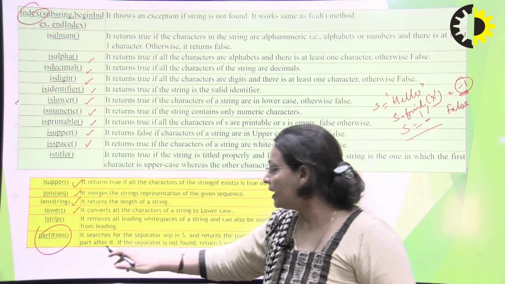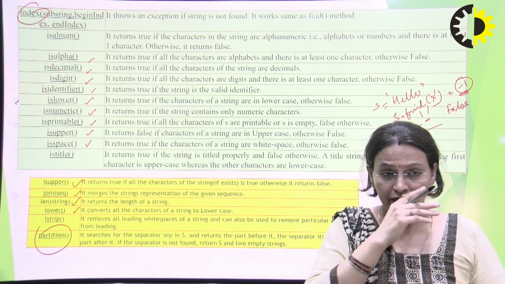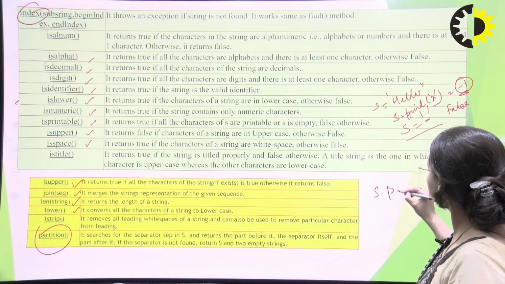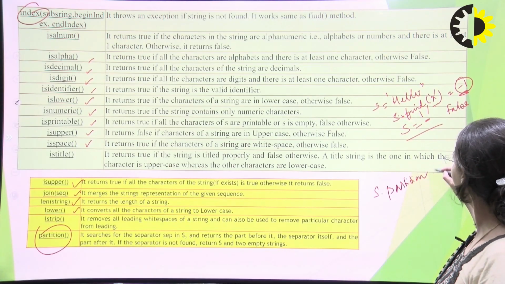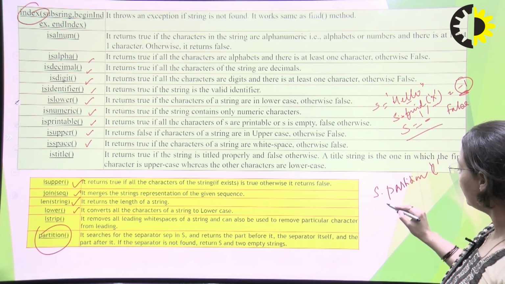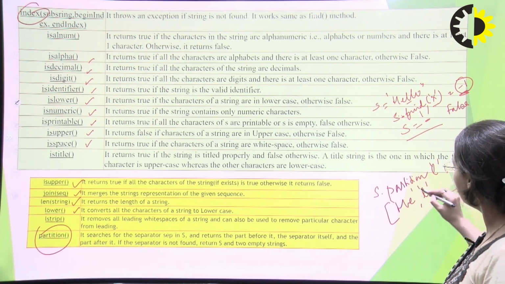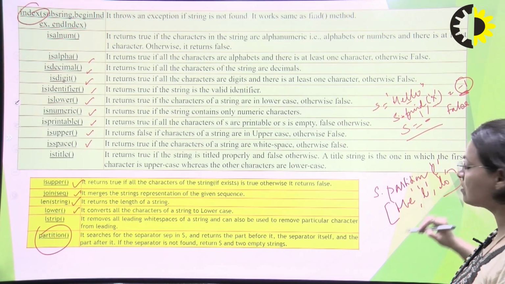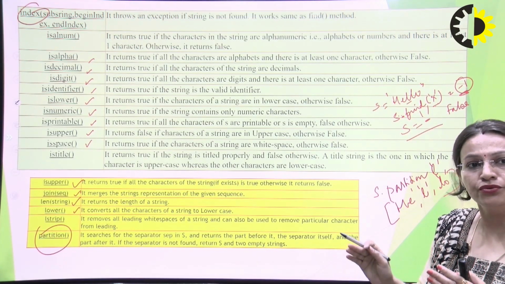That's it. Partition function is basically going to part the string into 3 parts. That means if I say s.partition and the partition is on the basis of L, it will take the first L and create 3 substrings.